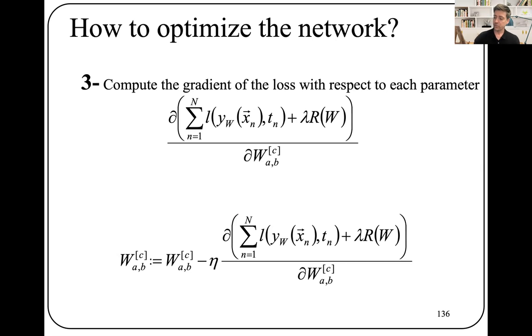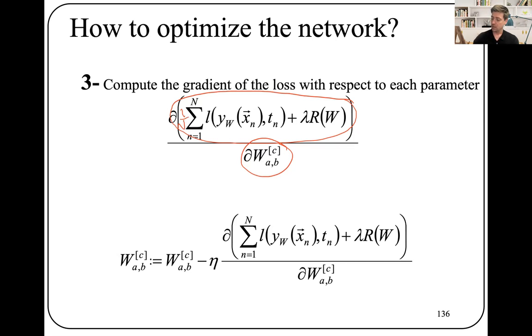So the gradient is just the derivative of our total loss function, which is this. Again, we can divide the first term by n, so multiply by 1 over n. So it's going to be the derivative of this function with respect to each of the weights of our network.